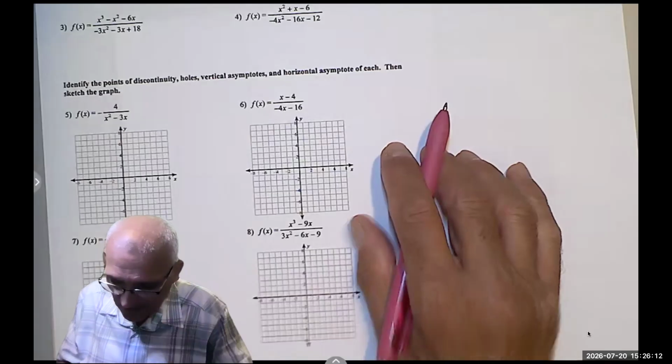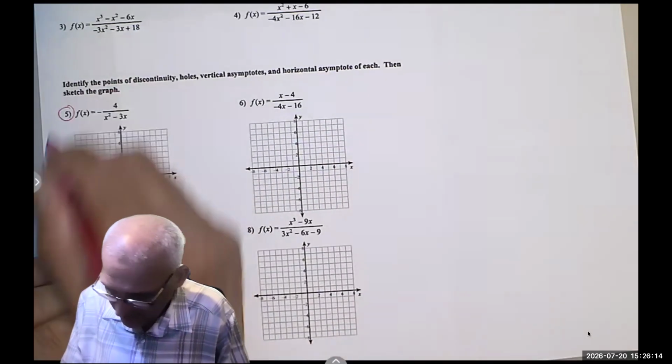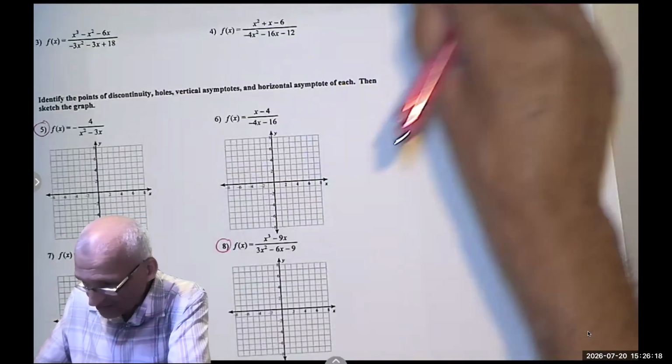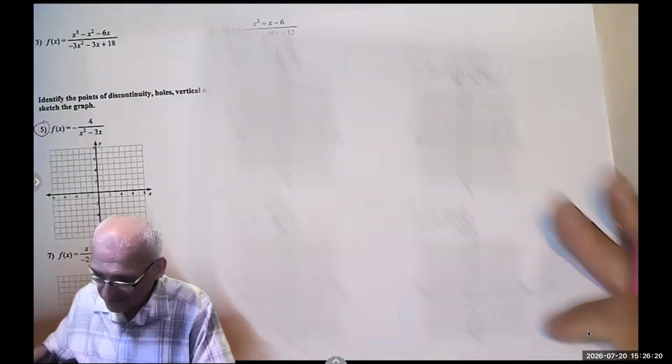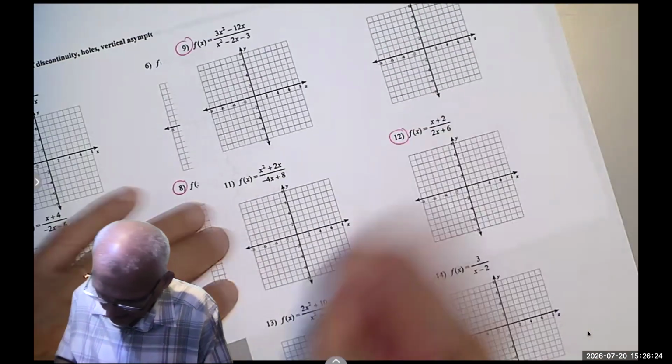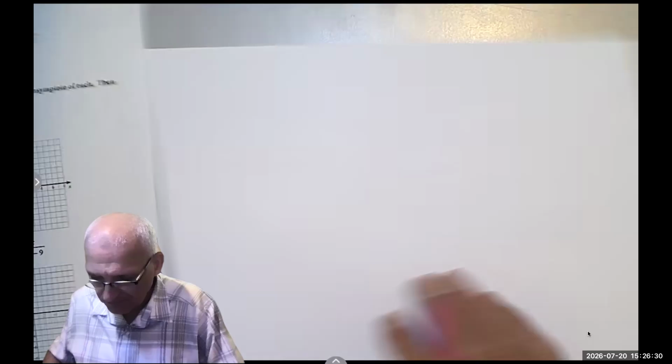So let me do 5 and then go to the right and do 8. And then maybe go to the left and do this, and then come to the right, and then go to the left. Or maybe I'll do these 5 if time permits. If it's too long, I will stop.